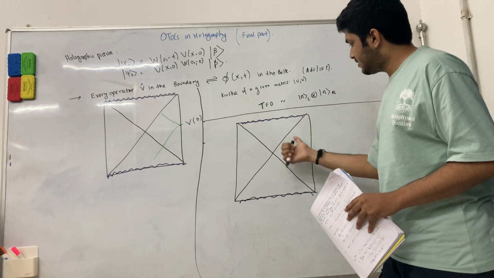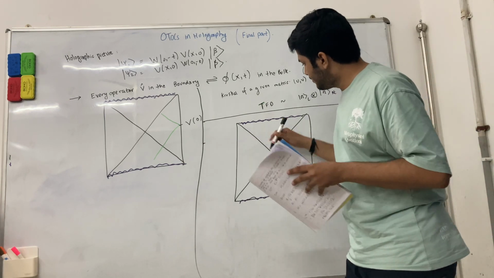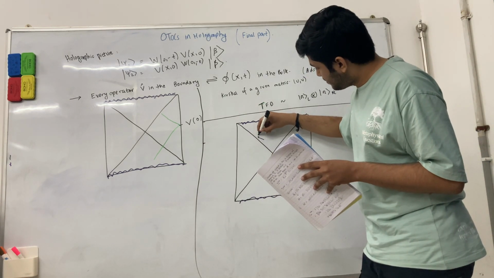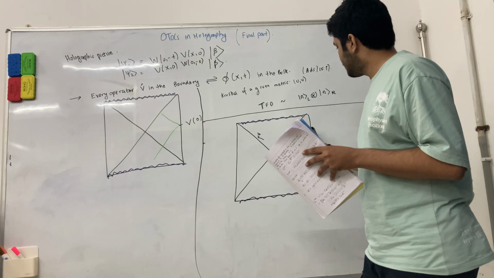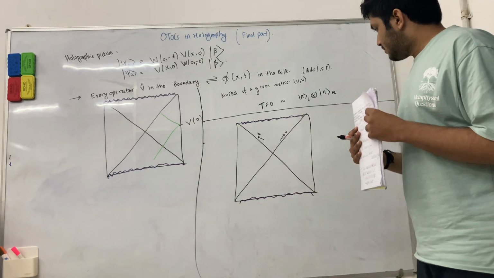These coordinates are precisely these two light-like directions. The convention that I'll use is this direction as v and this direction as u in the Kruskal coordinates.